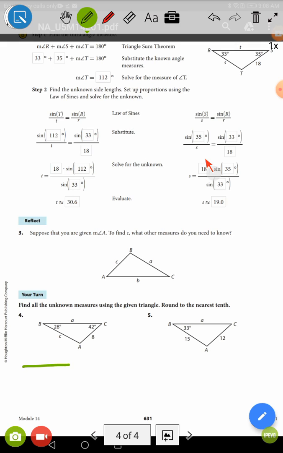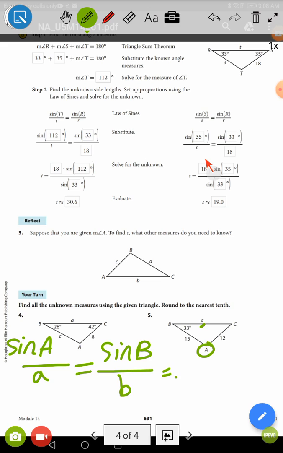We will make fraction equal fraction. We have just one angle, so I can't find the third one using 180 like the previous problem. So we write sine A over A equals sine B over B equals sine C over C. Sine A is unknown and A is unknown.